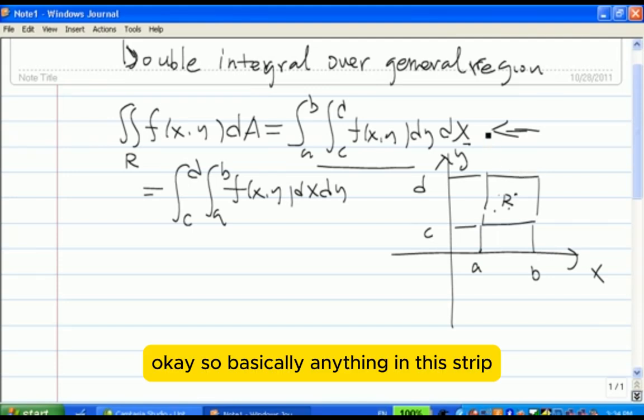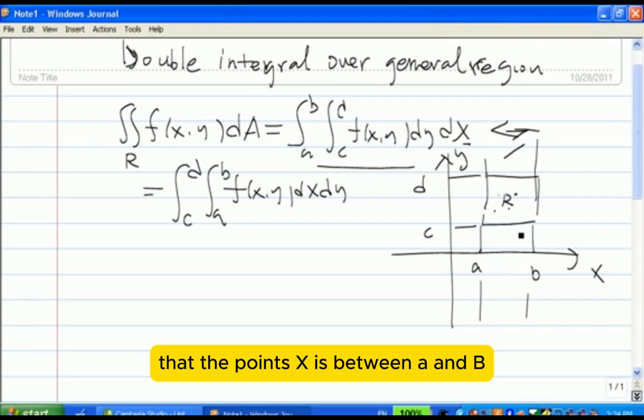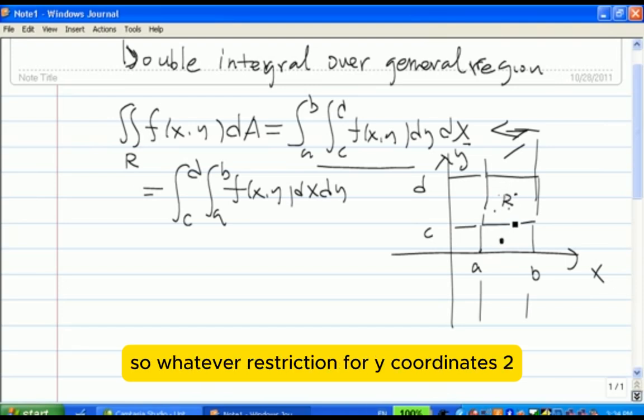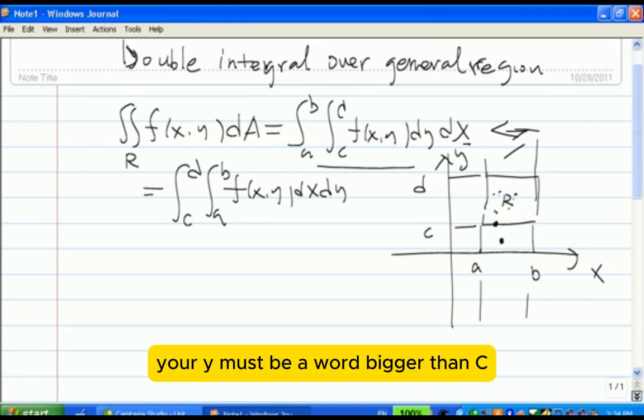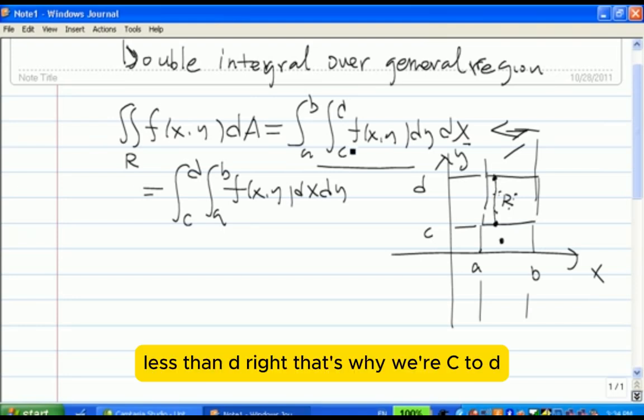Anything in this strip has x between a and b. Obviously, this point is not in the region, so we have a restriction for the y coordinates too. For a point to be inside region R, y must be bigger than c and less than d. That's why we go from c to d.